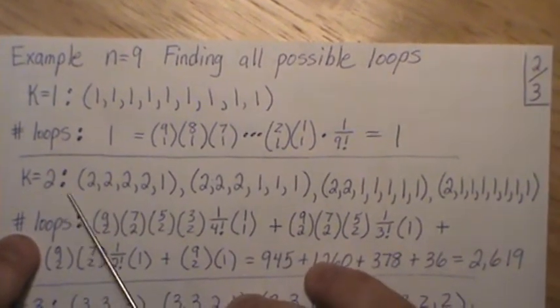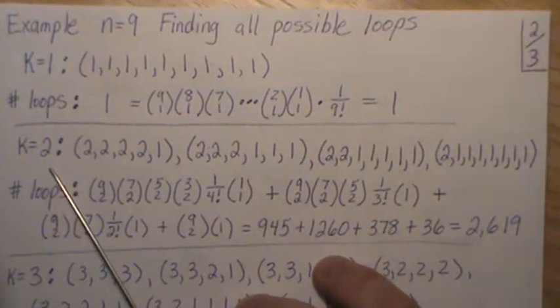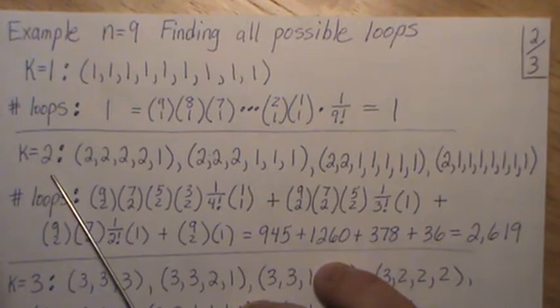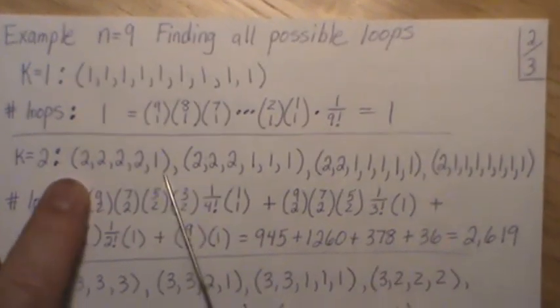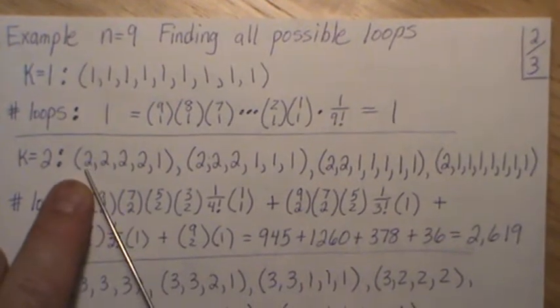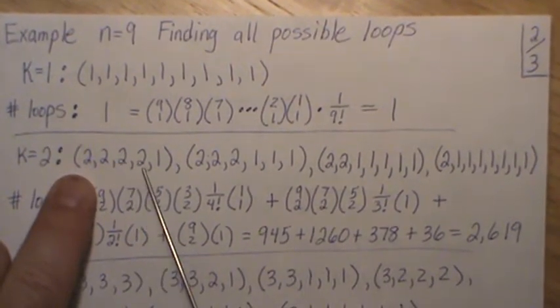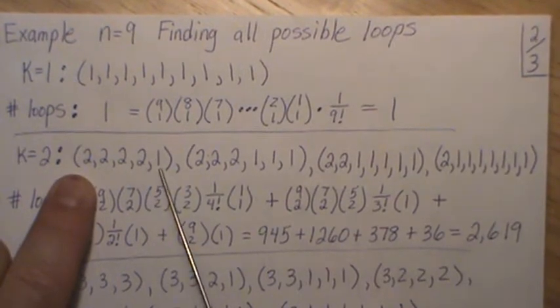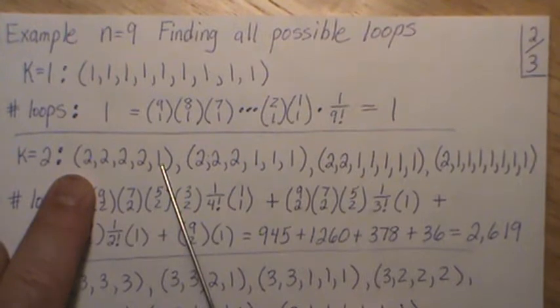So k equals 2, that means the maximum loop is 2. Remember, we have 9 boxes. Okay, so my tuples here represent a loop of 2, a loop of 2, a loop of 2, a loop of 2, and a loop of 1. Now this is 9 boxes, right?